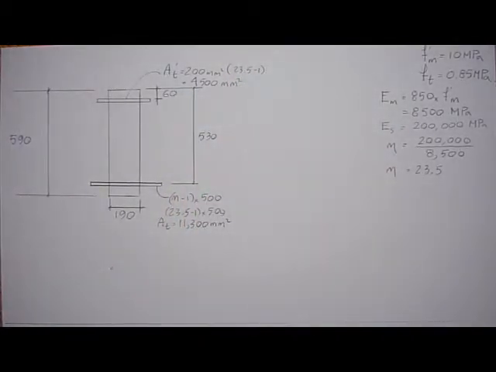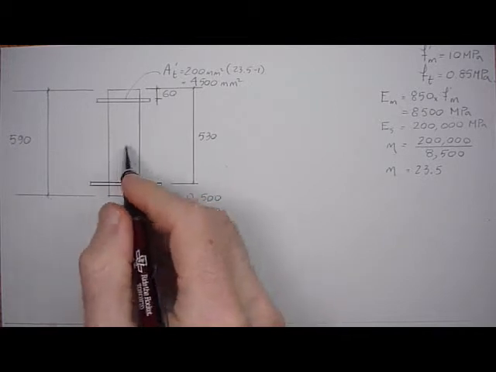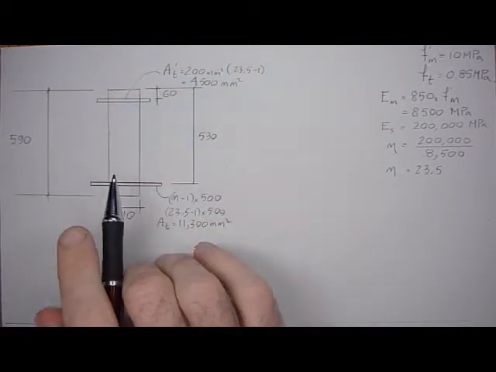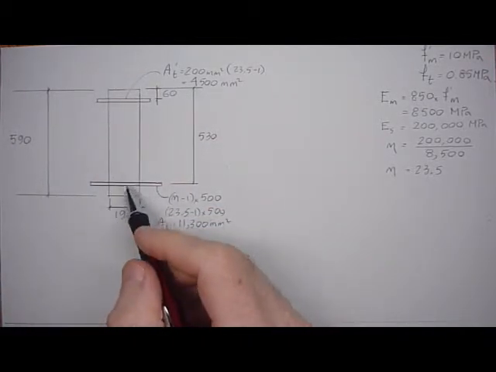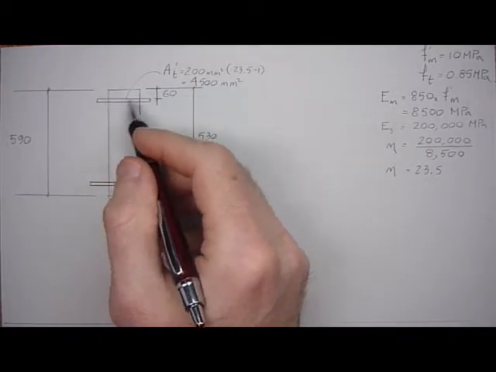So let's start and find the centroidal axis of the section. And this, again, is for the gross section, uncracked. So all the masonry is totally effective.